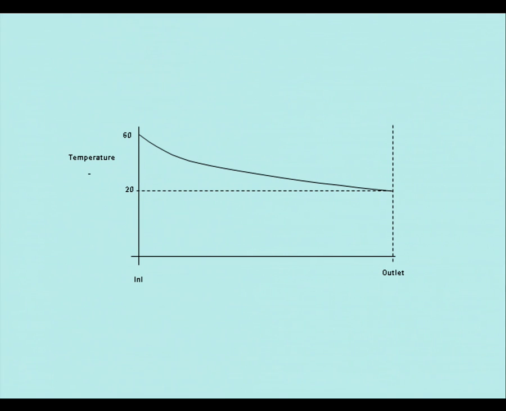Now that area is the total surface area through which the pipe heat is lost. But T, it can be either temperature. You can either put in the inlet temperature, you can put in the outlet temperature.